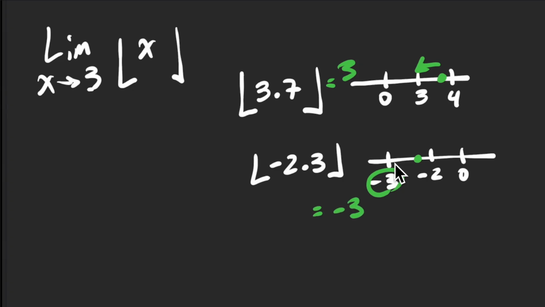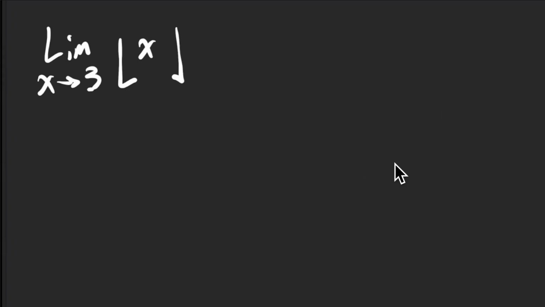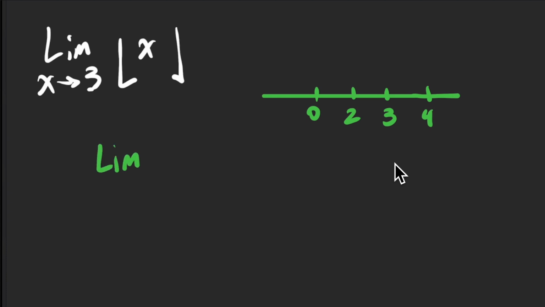This would equal -3. So here, because this is a two-sided limit, we're going to be approaching 3 from both directions. So if we have 2, 3, and 4 listed, let's first take the limit of the floor function as x approaches 3 from the left. As x approaches 3 from the left, we're at 2.3, 2.4, 2.8.